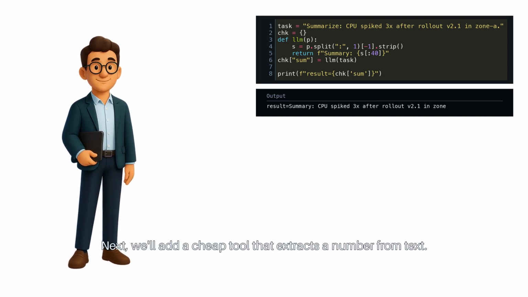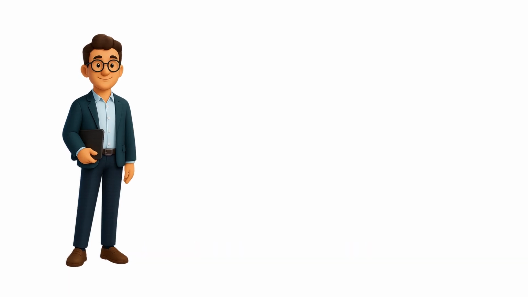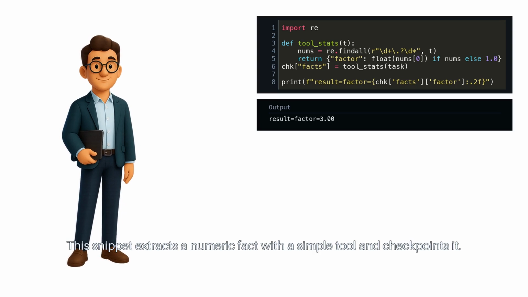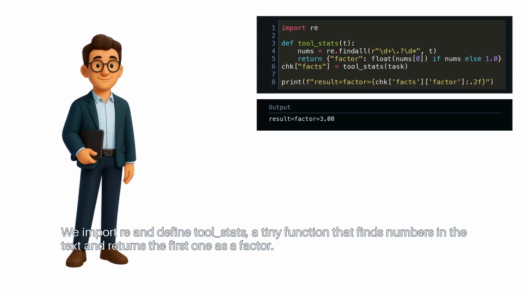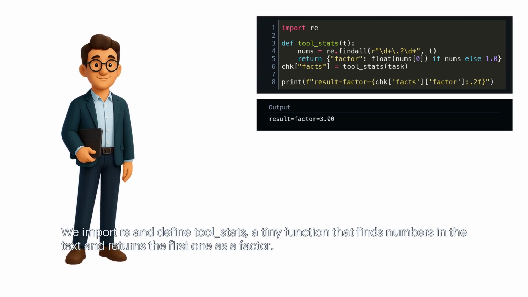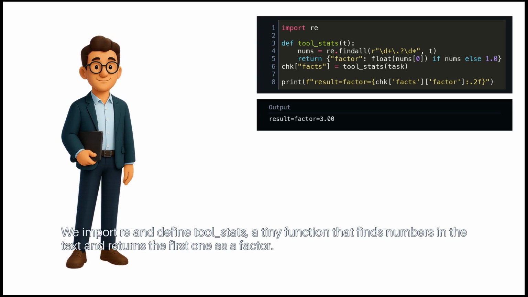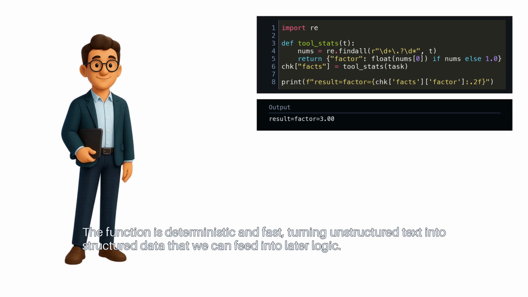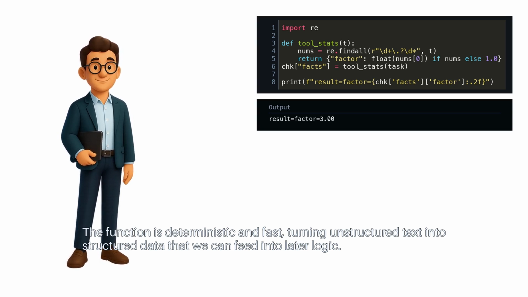Next, we'll add a cheap tool that extracts a number from text. This snippet extracts a numeric fact with a simple tool and checkpoints it. We import re and define tool stats, a tiny function that finds numbers in the text and returns the first one as a factor. The function is deterministic and fast, turning unstructured text into structured data that we can feed into later logic.